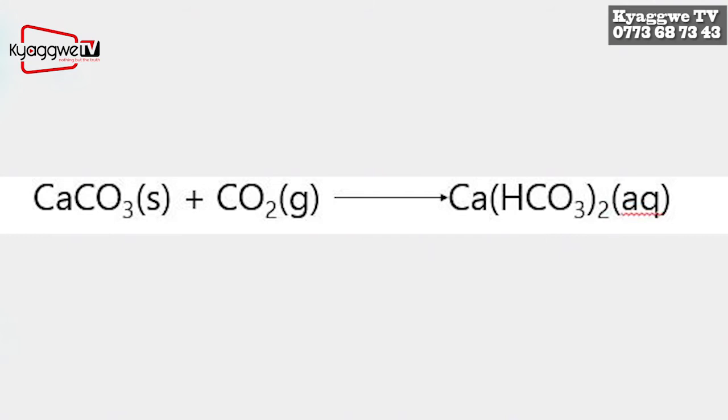Remember, all hydrogen carbonates are soluble. So calcium hydrogen carbonate is a soluble substance, so it forms a solution like we have seen. This is how carbon dioxide is tested.